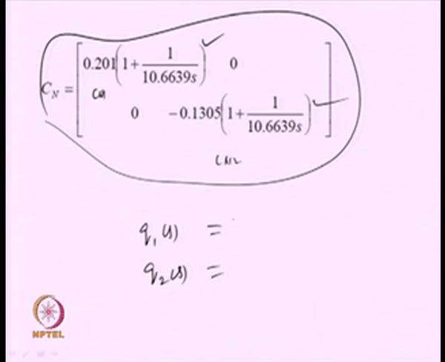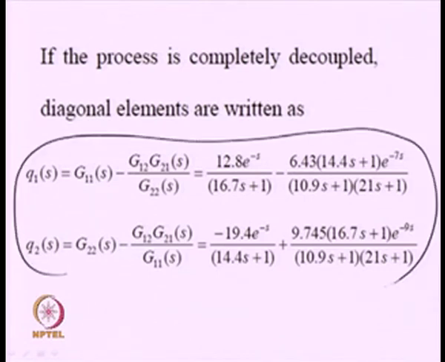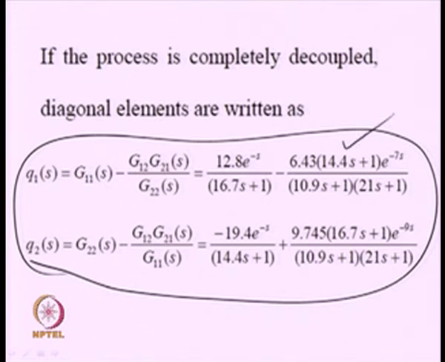So, the models are estimated, and for the original process, the analysis gives us Q1 and Q2 of this form. We know that Q1 is equal to G11 minus G12 G21 upon G22. That will result in this form, and Q2 will give this expression.